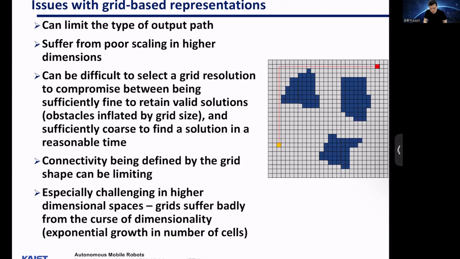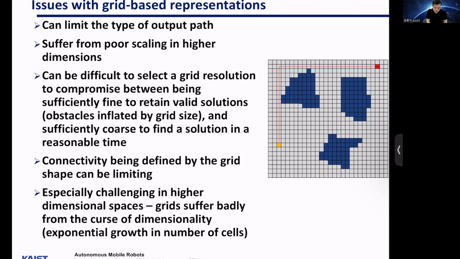So this is a very simple way to represent 2D space, discretize it, and create a graph, but there are issues with this grid-based representation.